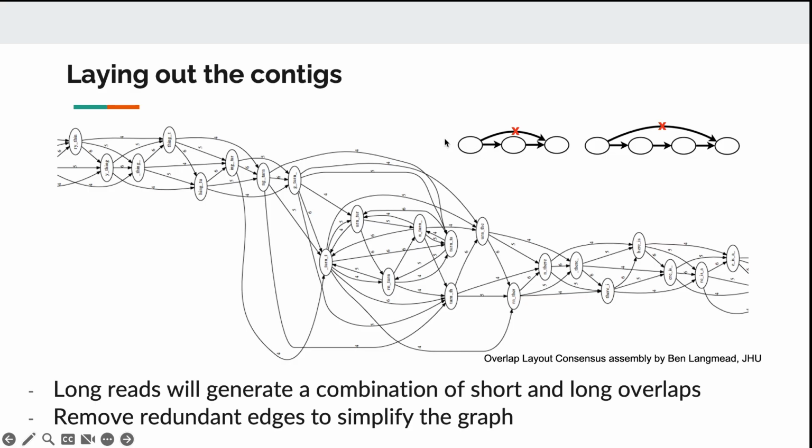In this case, we can simplify the De Bruijn graph by cutting all these indirect connections, because we can infer the relationship from the middle read. If these are all connected, then the first and the last are also connected because the overlap spans the middle read. So we can simplify this a little bit.